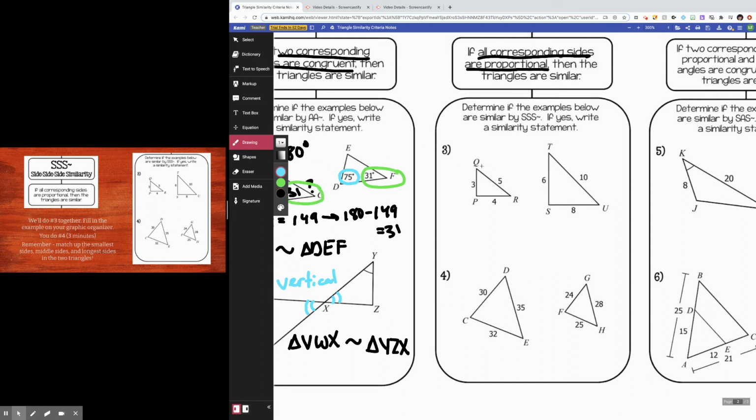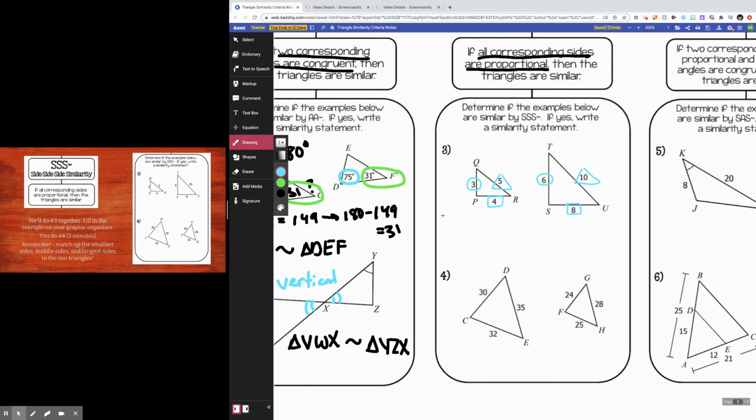No matter which method you're using, you should always start by matching the sides that correspond. So smallest side goes with smallest side, medium side goes with medium length side, and largest side goes with largest side. So I'm going to write my fractions with my corresponding sides.